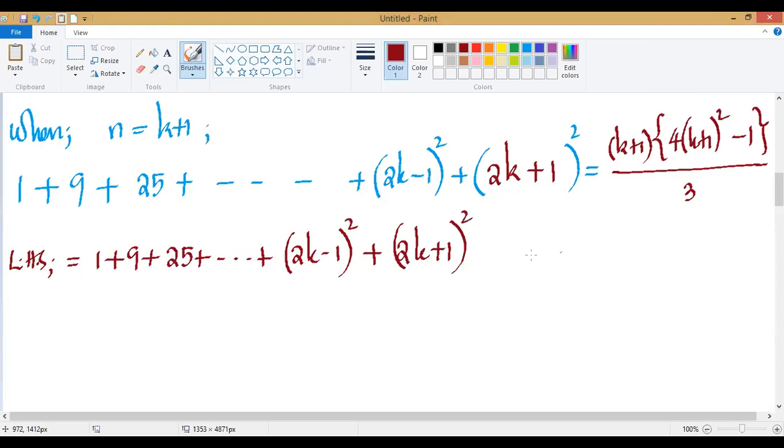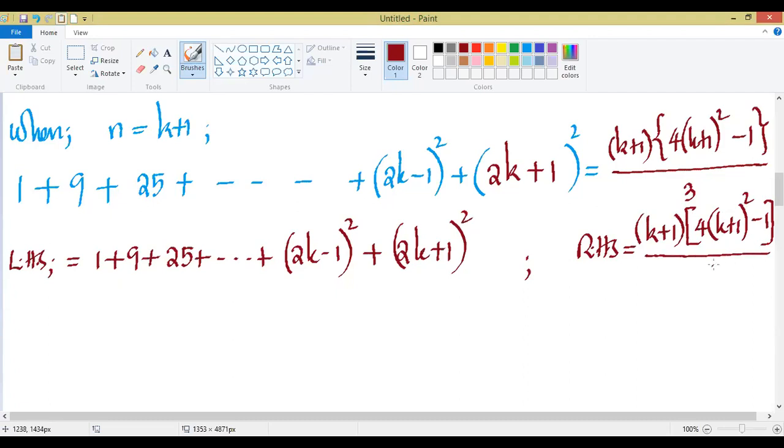That's the left-hand side. And the right-hand side is k plus 1 into 4 into k plus 1 all squared minus 1 all over 3. So we must ensure the left-hand side balances with the right-hand side.